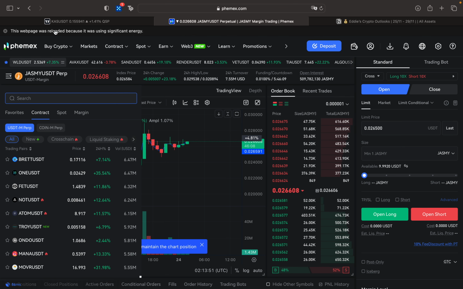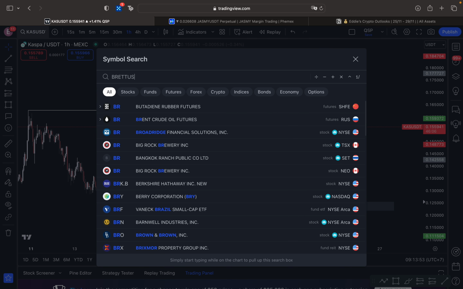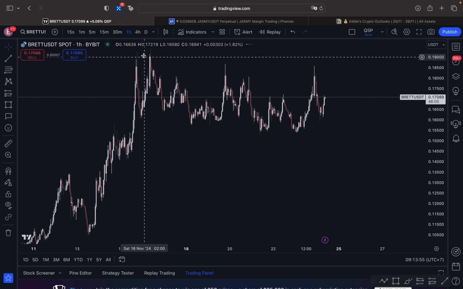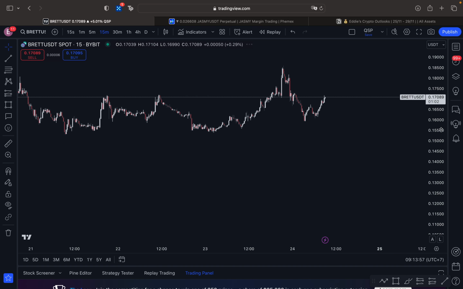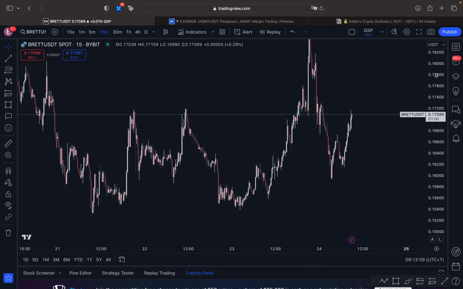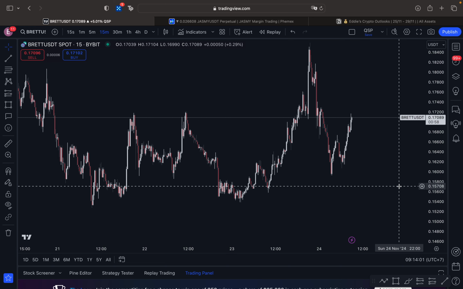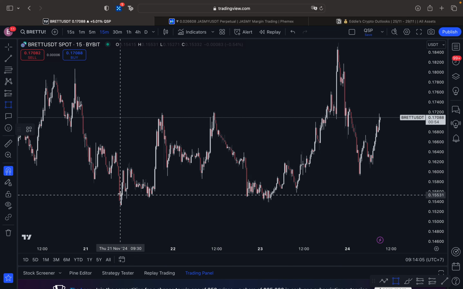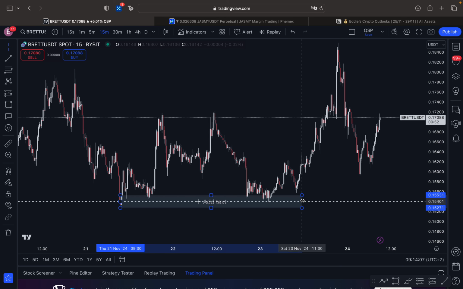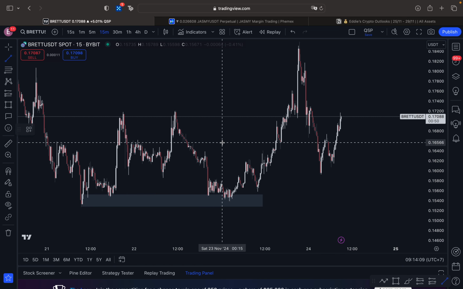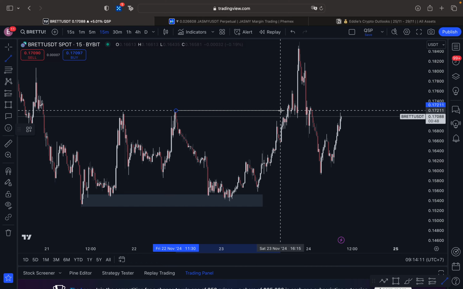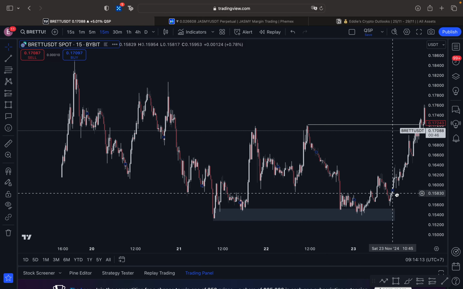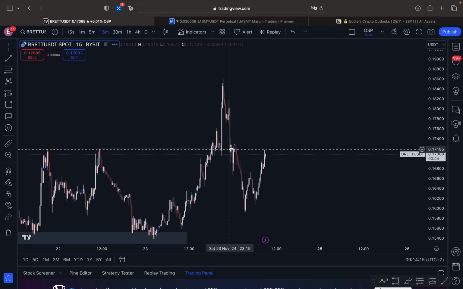Not worth trading. Brett. I don't want to force it, but we have this demand zone here. Price rejected off the demand zone and gave us a new structure break. Alright, all internal by the way, because we're in a range. And then it went up.